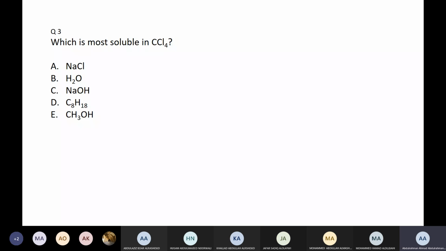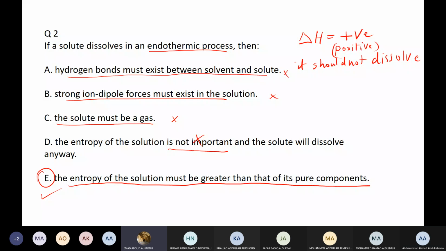Which of these compounds must dissolve in CCl4? Sorry. D. Why D? Following the same rule of the previous slide? No, no. This slide? I think no. Yes.